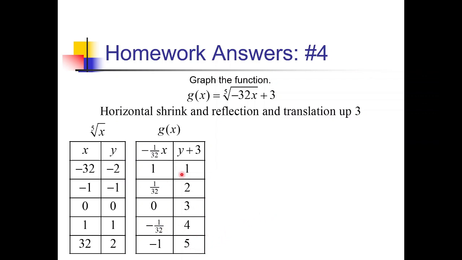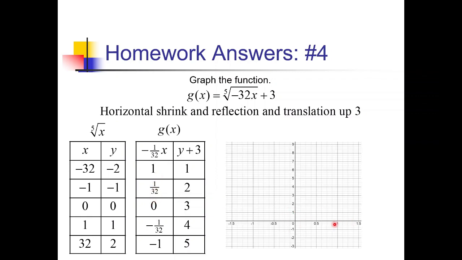All right, now to actually get this on a graph with any kind of accuracy, I'm going to have to make my grid lines on my x values go by at least 1/2, if not something even smaller. So here's what I've got for my grid. I'm going by 1/2 there, and then I've got it divided up a little as well. So first off, we've got 1, 1, that's my first point, and then 1 over 32, 2.